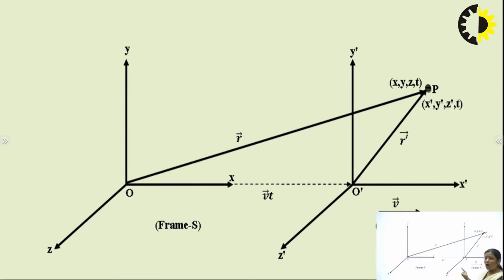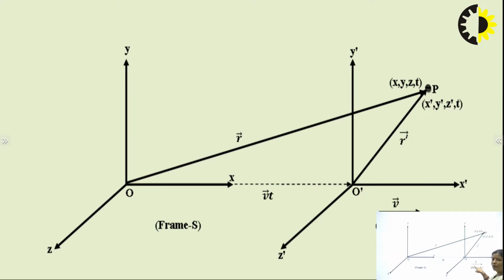Now, we come to this S dash frame. I am reminding you that S dash frame was our moving frame, and it was moving with some constant velocity v.